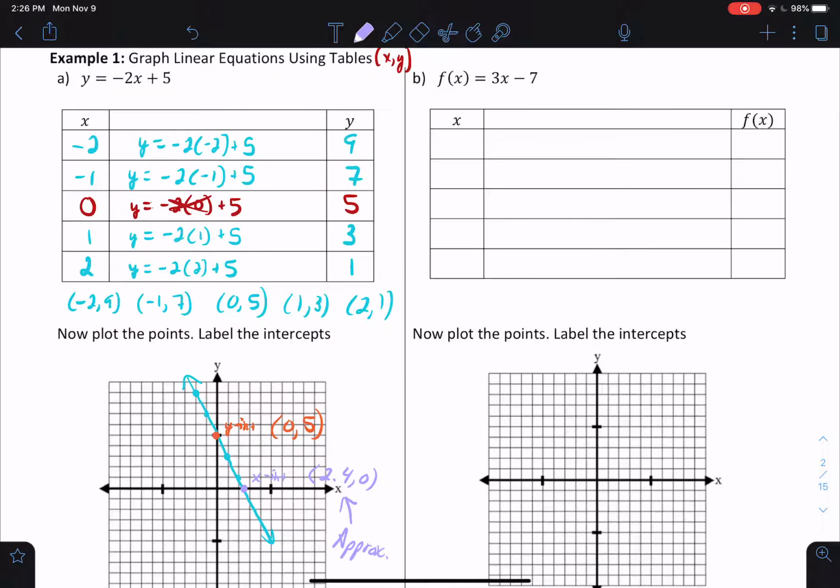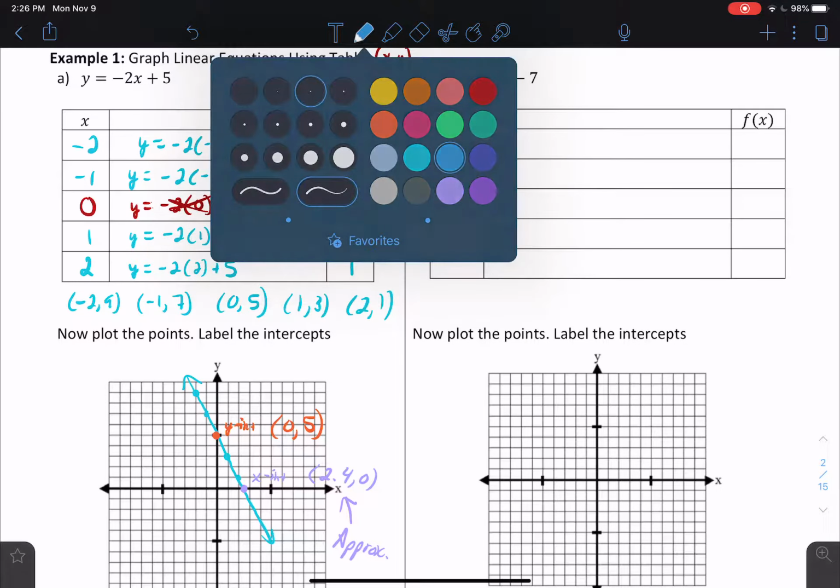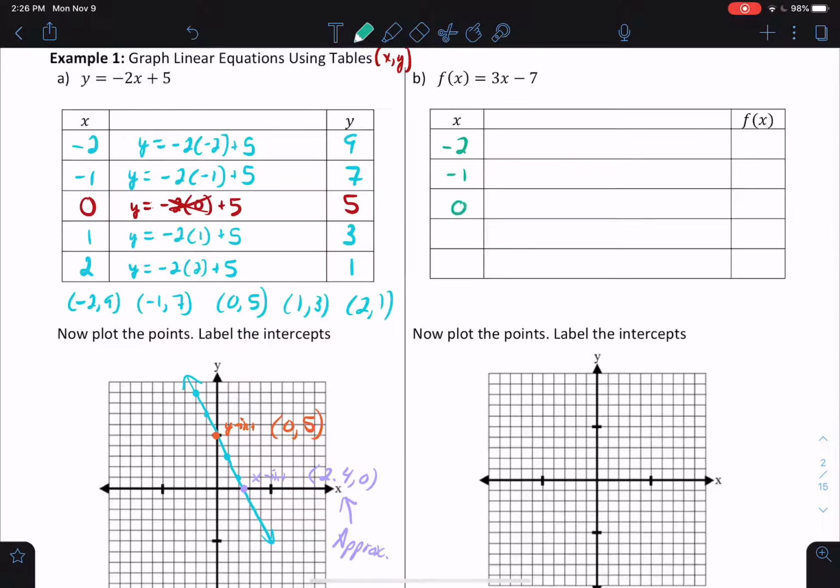What about in part B? I'm going to plug in -2, -1, 0, 1, and 2. I'm going to plug each of these in. I want you to pause the video right now and see what you get out after plugging in these values. Pause the video and try.